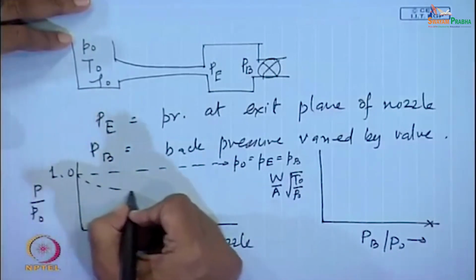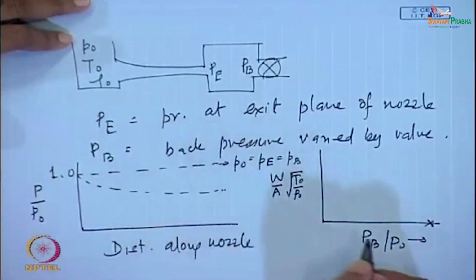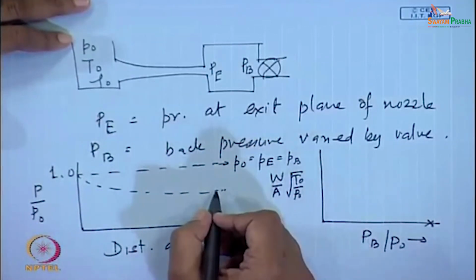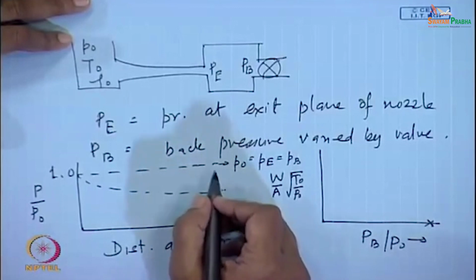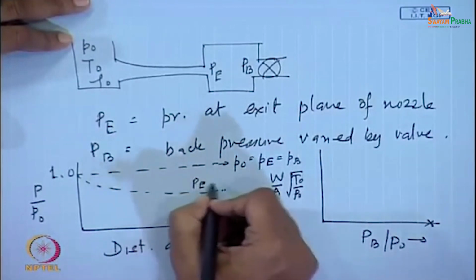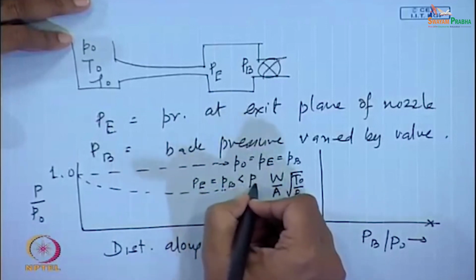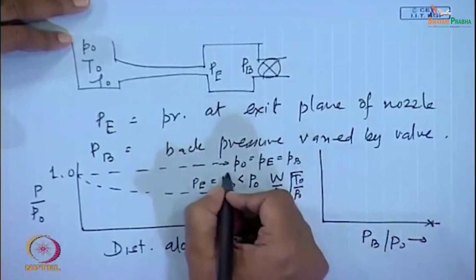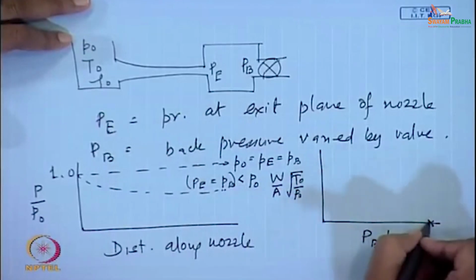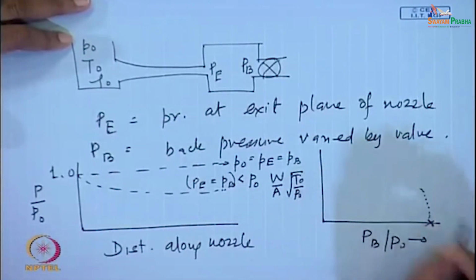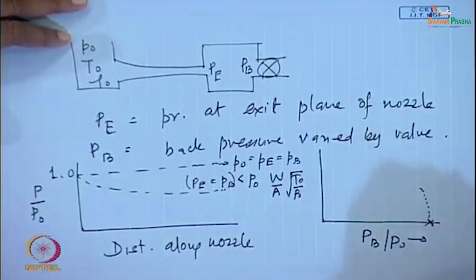Now, when this happens, we get something of this particular case, where gradually we are reducing it, and here in this case PE equals PB and this is less than P0. Agreed? And gradually we find that the flow starts. Fine.